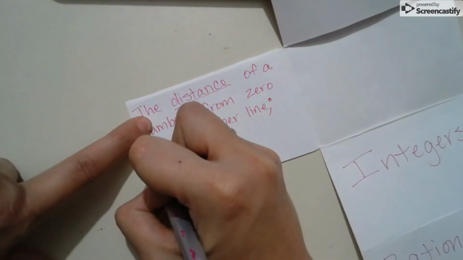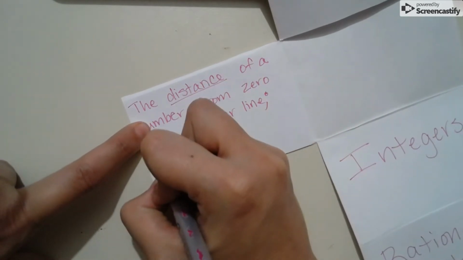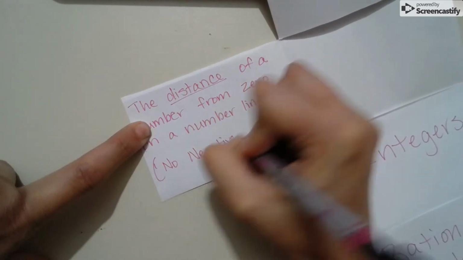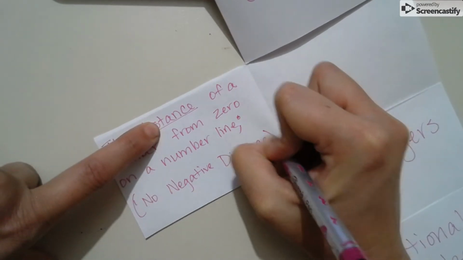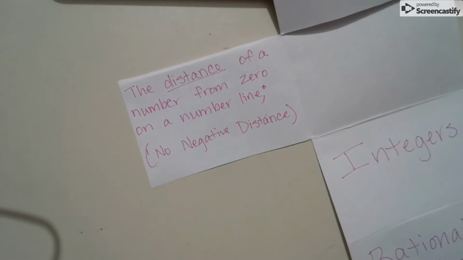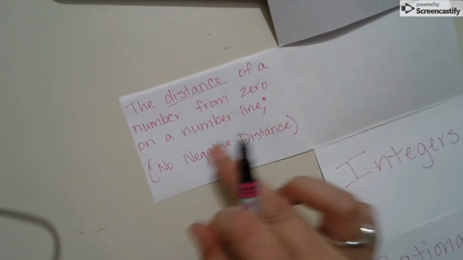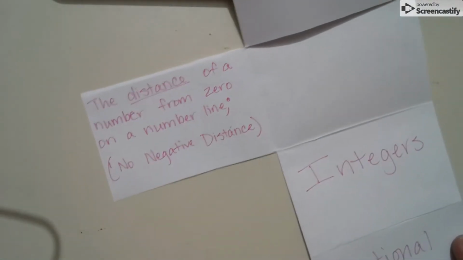And so I want you to put right here in these brackets or whatever, no negative distance. So guys, even if I am, let's say I'm running backwards, I'm still running, okay? If I'm driving my car in reverse, I'm still going a distance. I can run backwards a mile, I'll probably fall, but I could do it, right? And I'm still moving a distance. So no matter if you're going forward, backwards, sideways, left, right, you're still going a distance. So absolute value is the distance you are from 0.